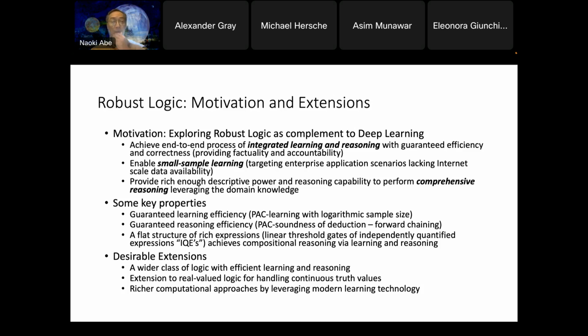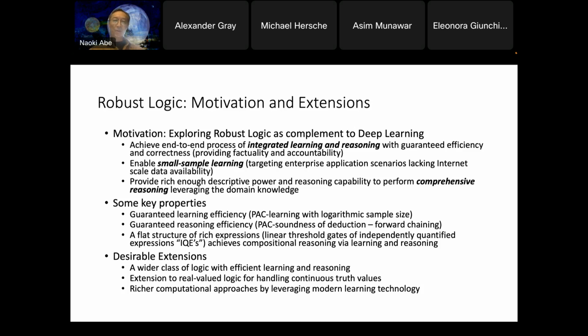Some key properties of robust logic include guaranteed learning efficiency in the style of PAC learning. There's also guaranteed reasoning efficiency, which Leslie called PAC soundness for the reasoning or deduction part. Overall, this approach presents a flat structure of relatively rich expressions, which are both learnable and also admit reasoning.